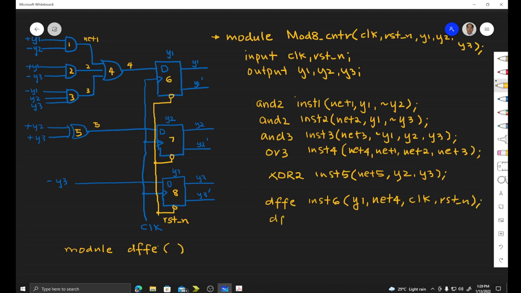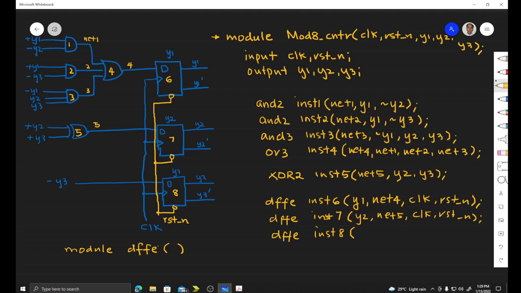Then DFFE, our next flip-flop, 7. We have output Y2, then input is net 5, then clock, reset N. Then DFFE, okay, so we have the 8.